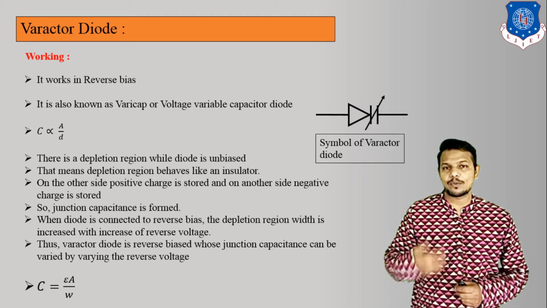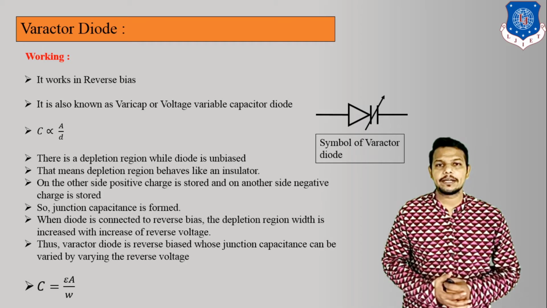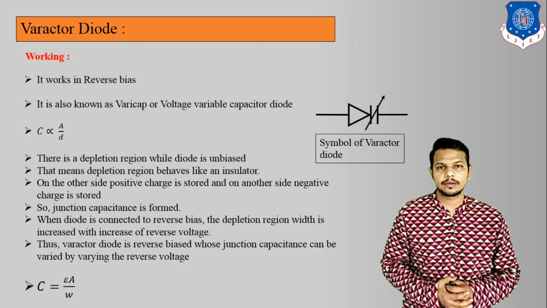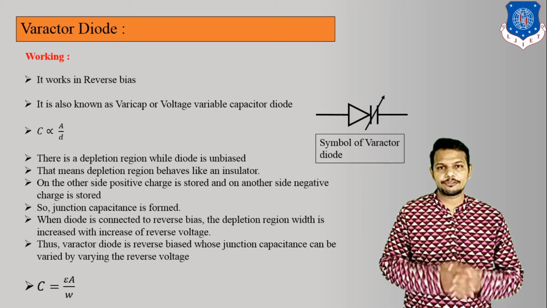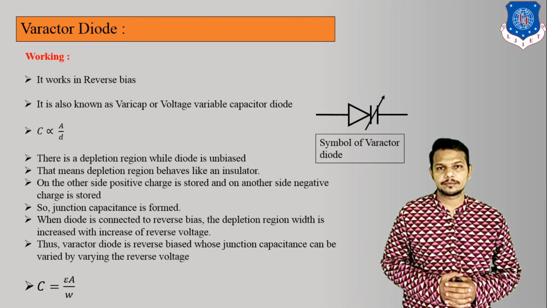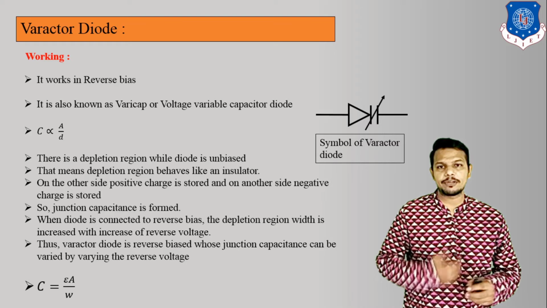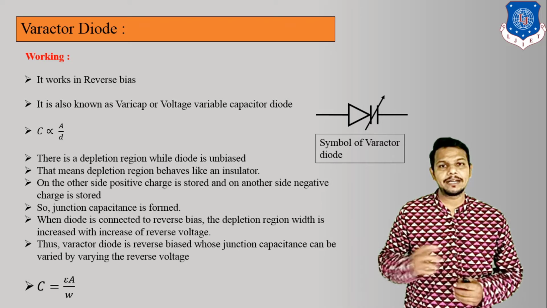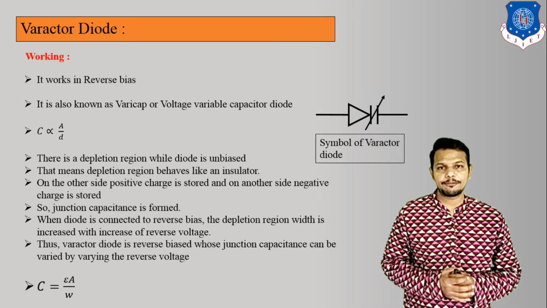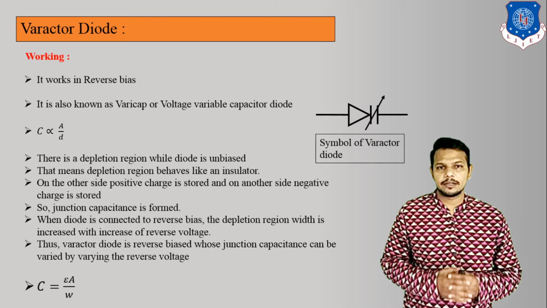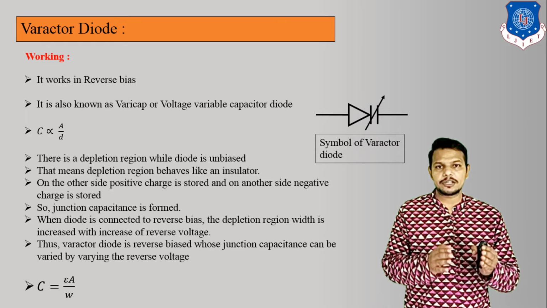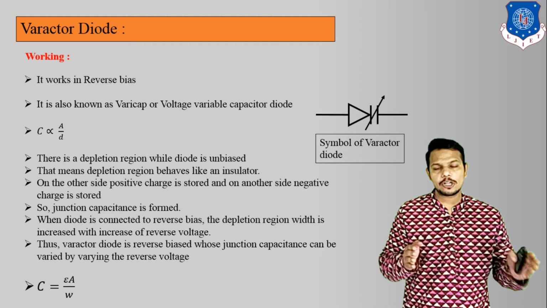Now, what is a Varactor diode and how does it work? First, in the unbiased condition, there is a depletion region. If we bias it in reverse bias and increase this reverse bias, its depletion region width also increases.